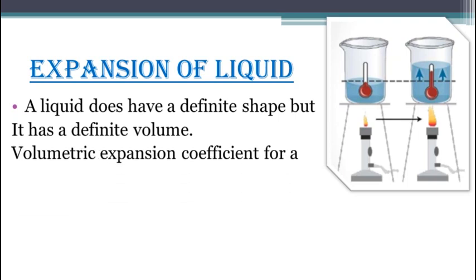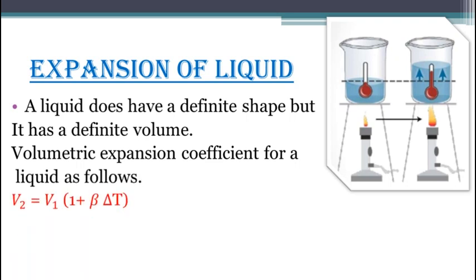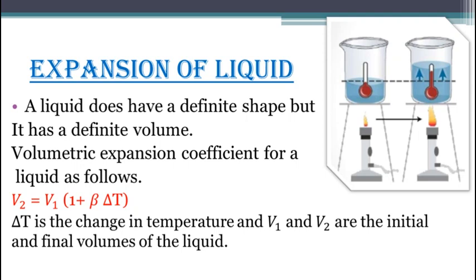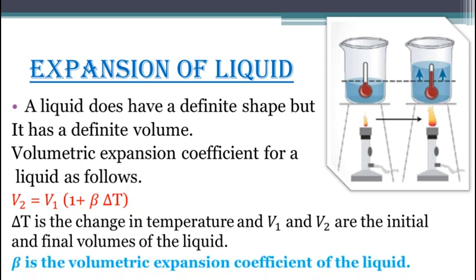So we can define a volumetric expansion coefficient for a liquid by this formula: V2 equals V1 into (1 plus beta delta T). Here delta T is the change in temperature, V1 is the initial volume, V2 is the final volume of the liquid, and beta is the volumetric expansion coefficient of the liquid.